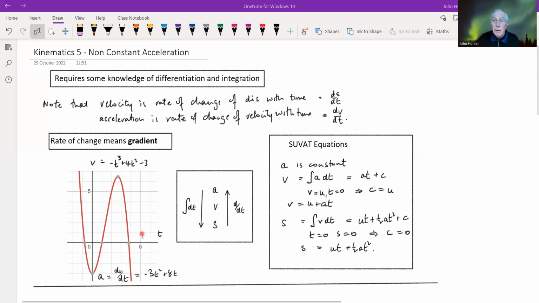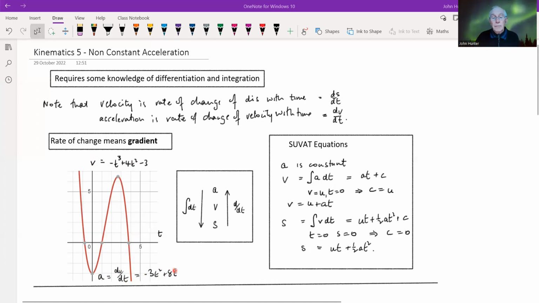It will be variable and will vary with t. So if this is the velocity function, our acceleration function is given by the derivative dv/dt of that function, and that's going to be this function here. So it will vary over time.